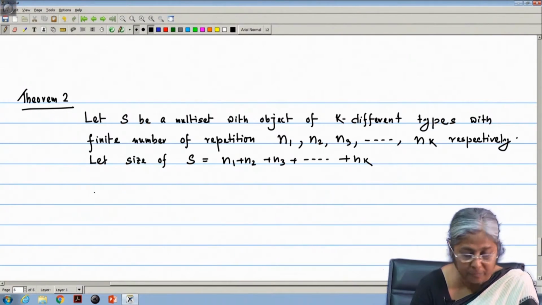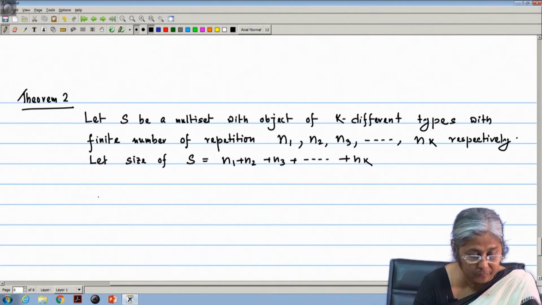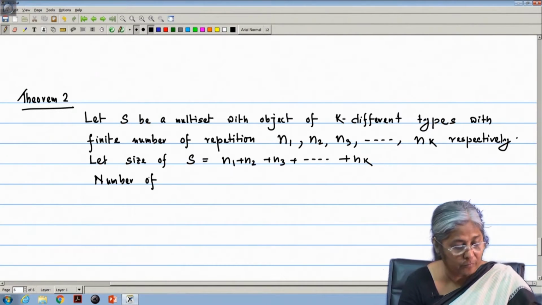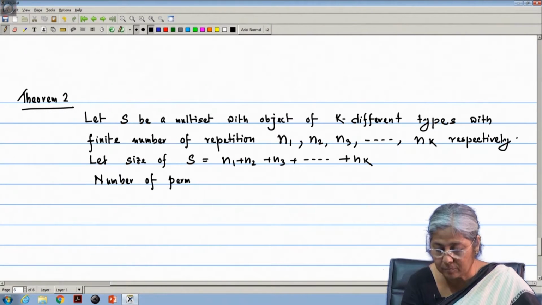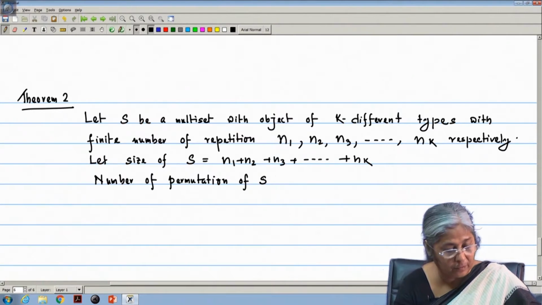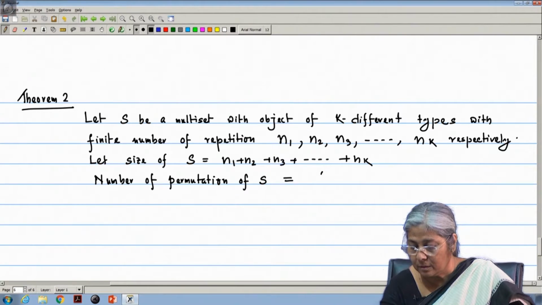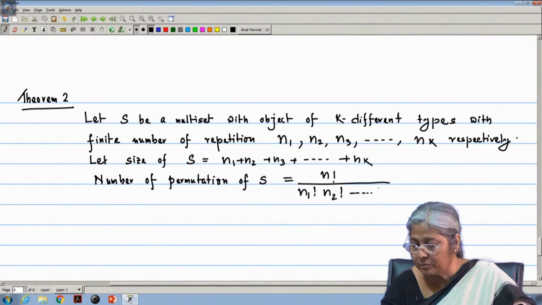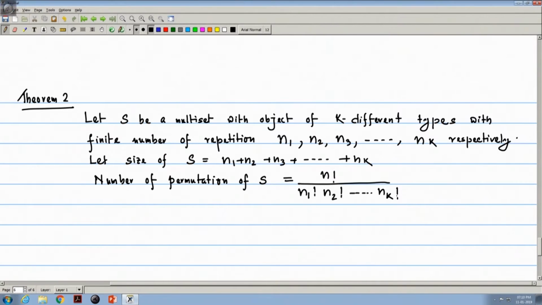So, the number of permutations of S is n factorial divided by n1 factorial into n2 factorial up to nk factorial.